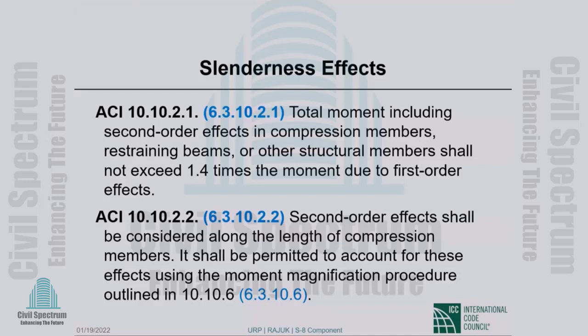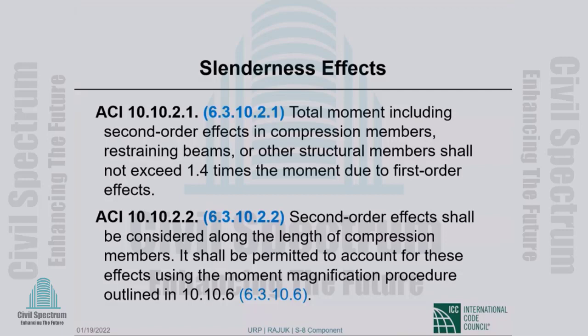And then second order effects shall be considered along the length of compression members, not just the ends, is the idea. Okay, it shall be permitted to account for these effects using the moment magnification procedure outlined in 10.10.6. Anyway, this also is in the notes examples that I was thinking of.